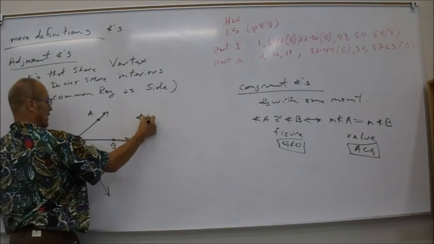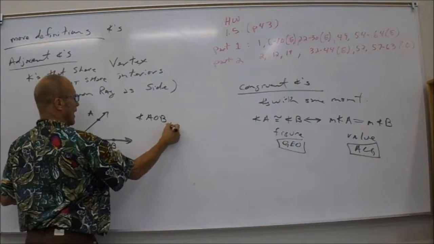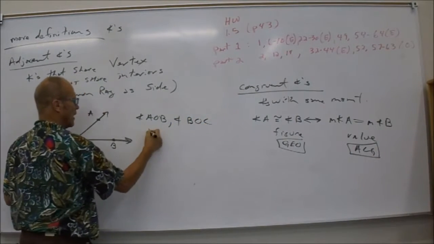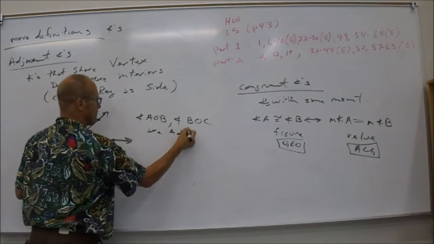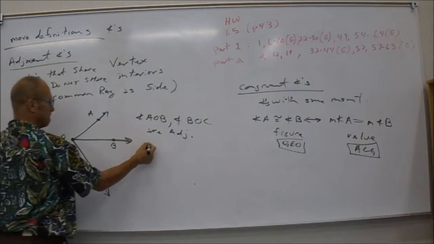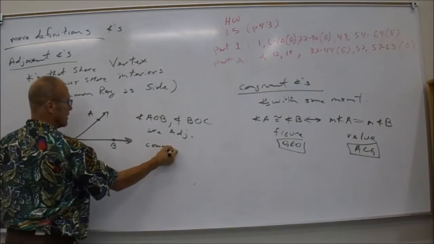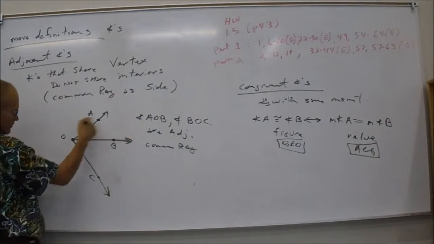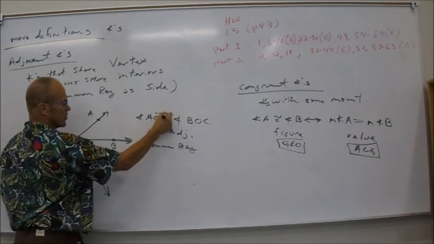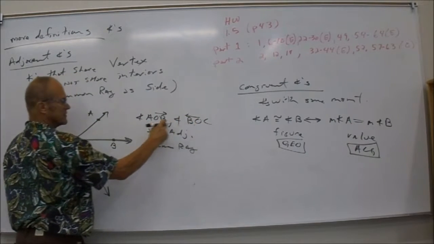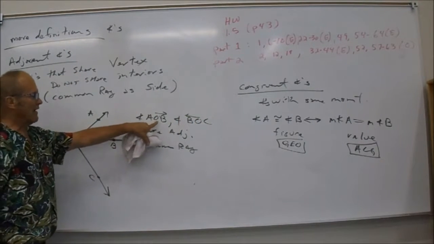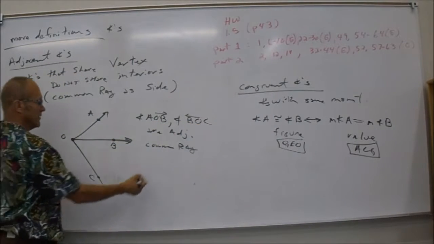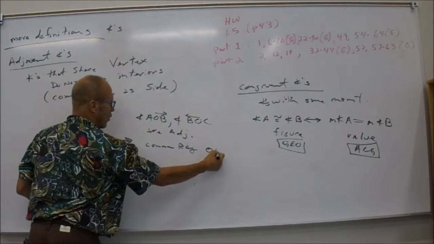So you would say angle AOB and angle BOC are adjacent. And they share a common ray. If you look at the picture, the names both have O in the center, naming the vertex, and they have one side that goes out to B. So the common ray is OB.